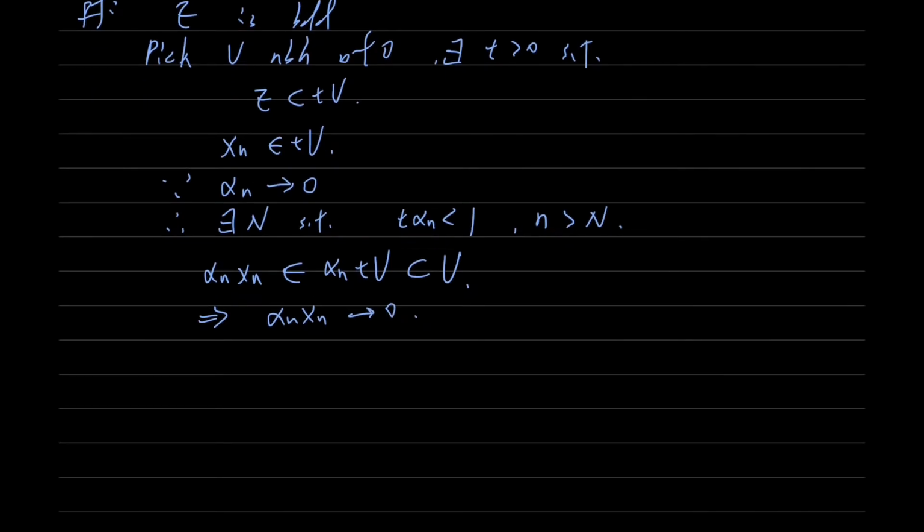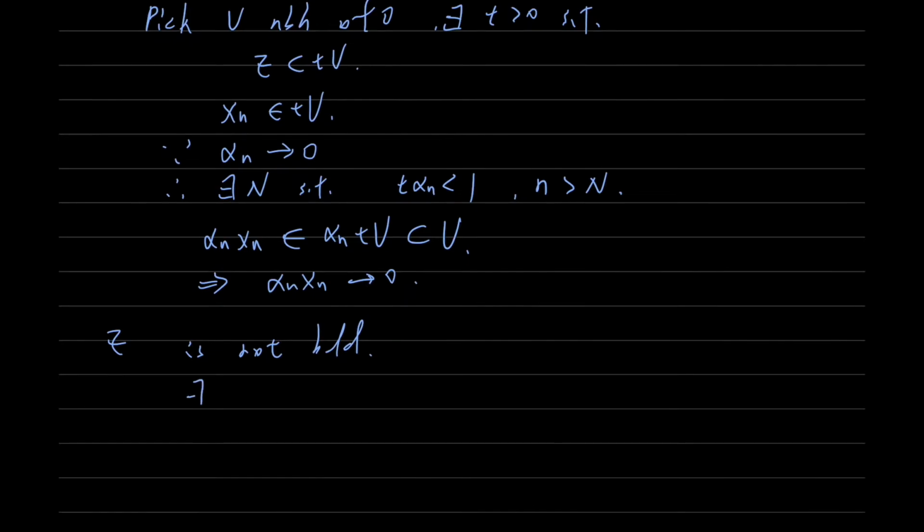Now, suppose E is not bounded. So there exists a neighborhood V of 0 such that tV does not contain the set E for every t larger than 0.